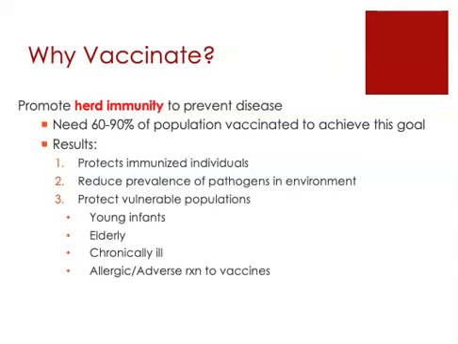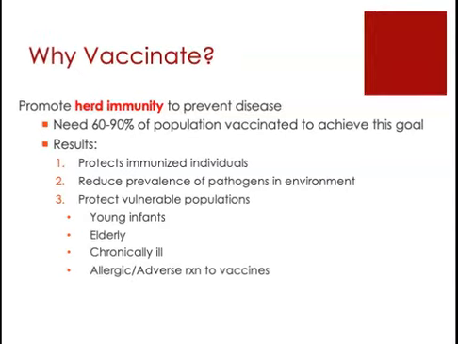That's important because remember, there are going to be people in every community who are not able to be vaccinated. Young infants, the elderly, people who have certain chronic illnesses, and people who are allergic to components that are within vaccines or who have had a previous adverse reaction to a vaccine, those people cannot be vaccinated.